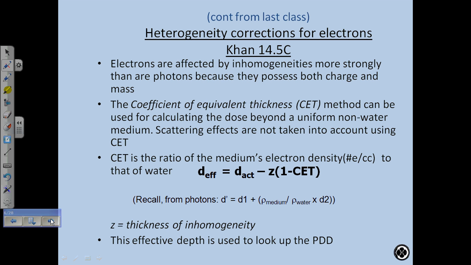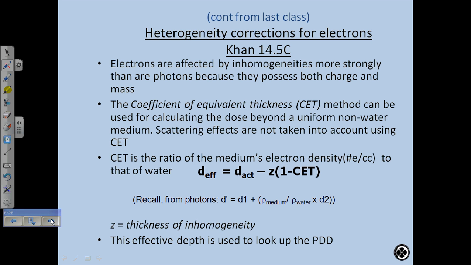So here's the formula. The definition of CET is the ratio of the medium's electron density, the number of electrons per cc, to that of water. We've seen that already, right? That's rho over rho. So the effective depth is equal to the actual depth minus Z times 1 minus CET.